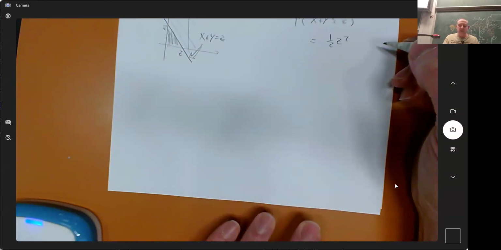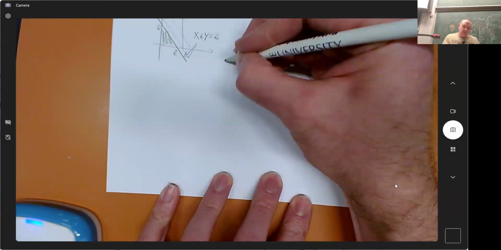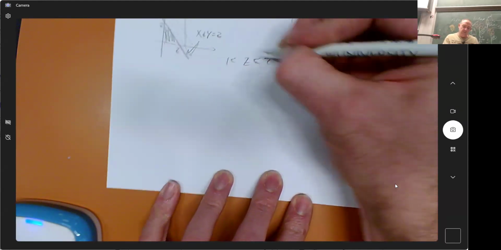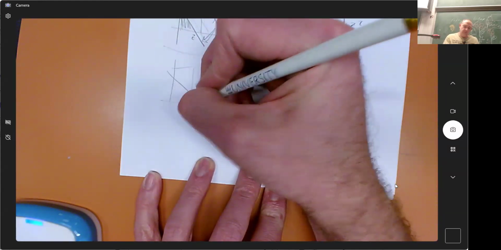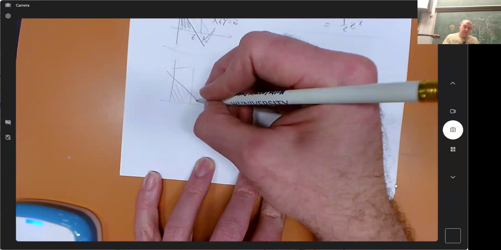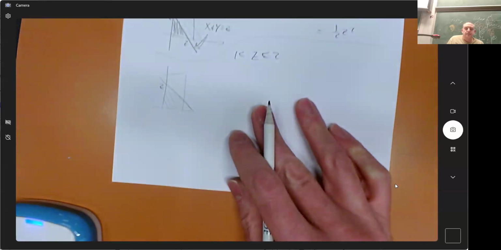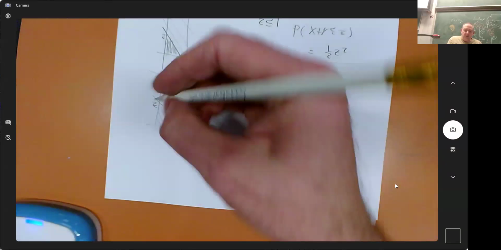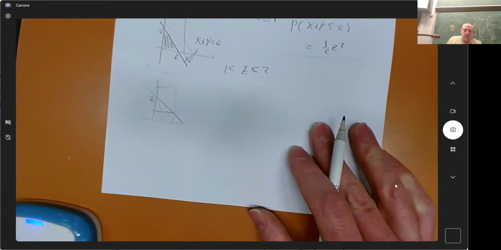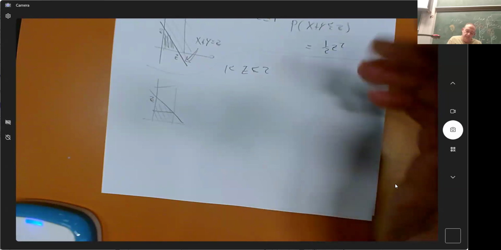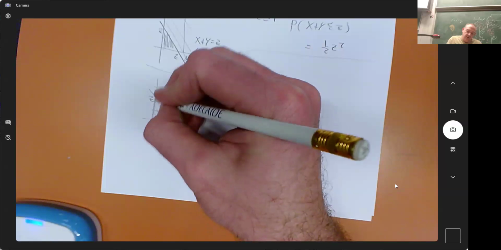Technically, it's that area times probability of X and probability of Y. And if Z is between 1 and 2, then it's this area, which looks like it is, it's definitely Z high on this bit.